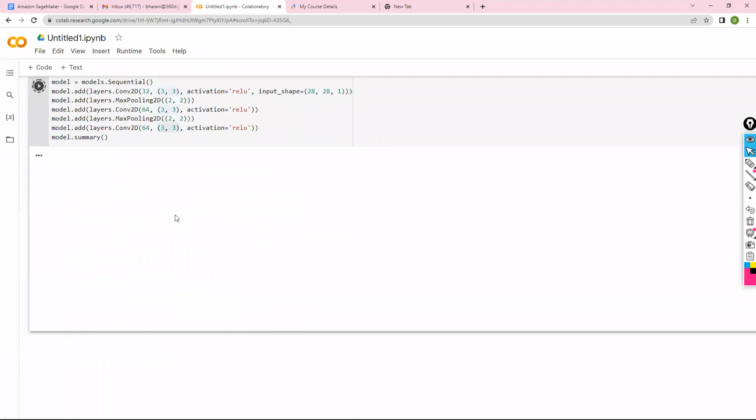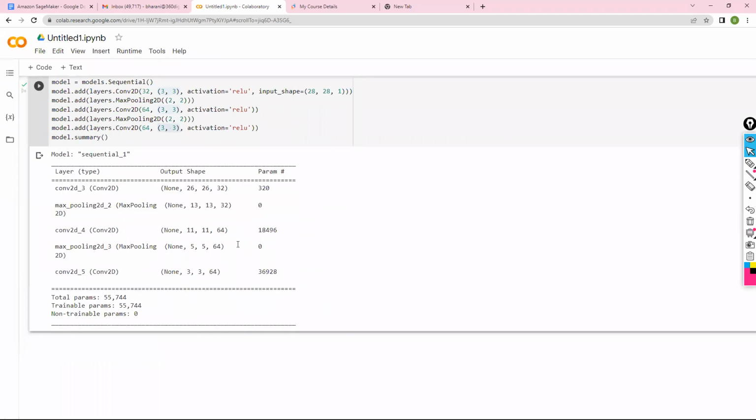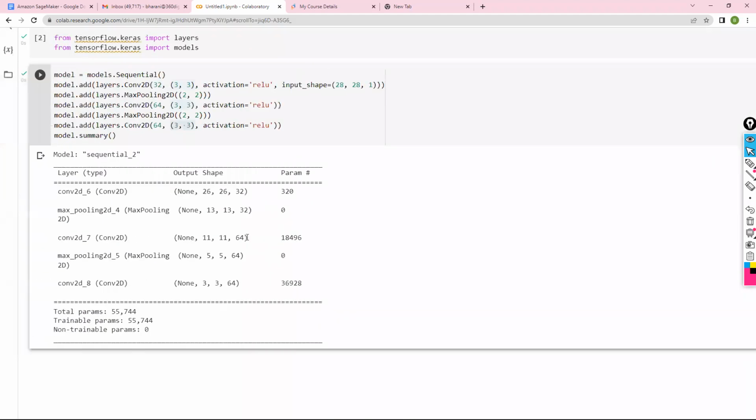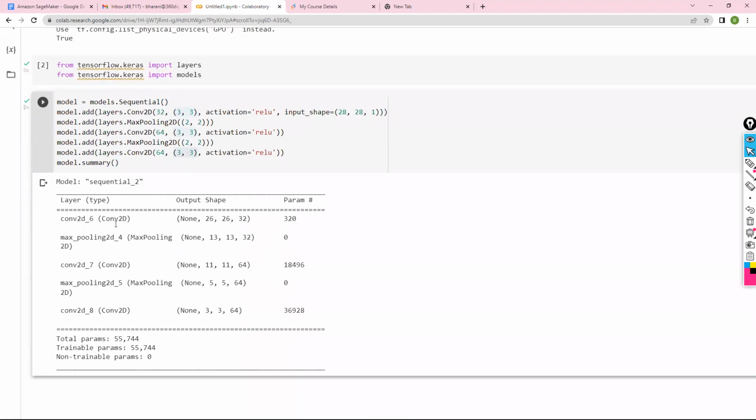So let me run it, rerun it. Anyways, we have convolution layer, we have max pool. Remember that max pool has 0 parameters. And why 320? Because you're having 32 3 by 3.